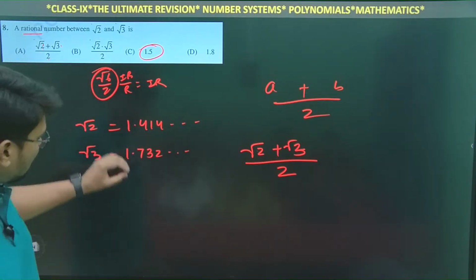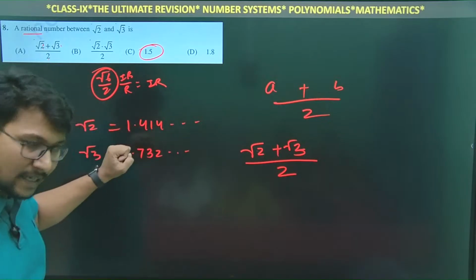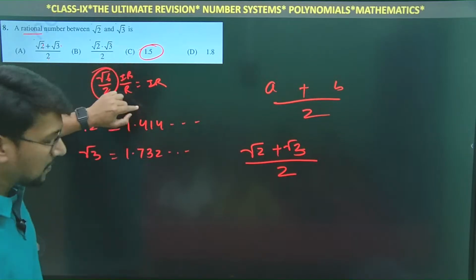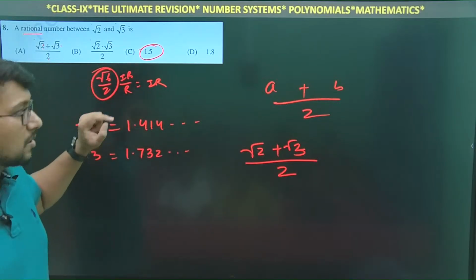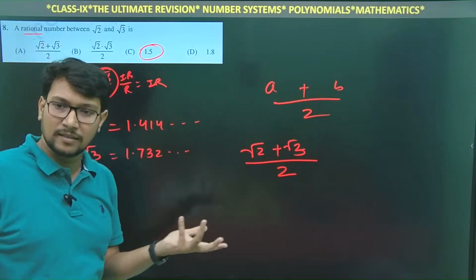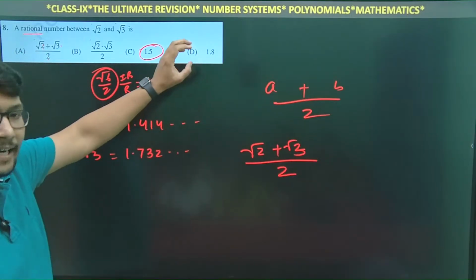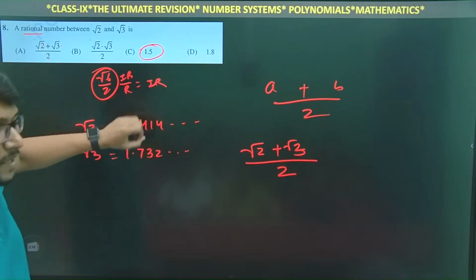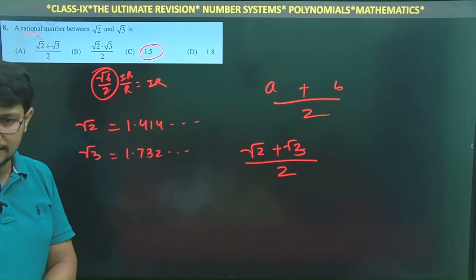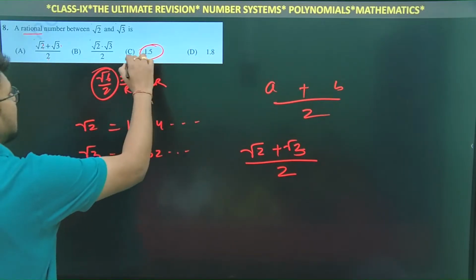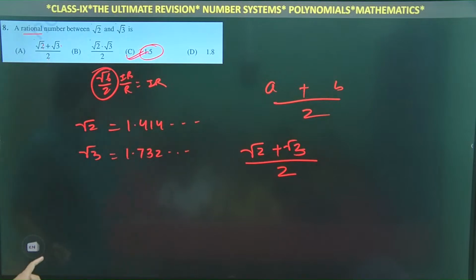Done. So this is irrational, right? So is 1.5 coming between them or not? But 1.5 is terminating. That's why it is rational. Done. 1.8, though it is irrational, is not coming between them. Yes, clear? So which one is the correct answer? C. Is that clear, everyone?